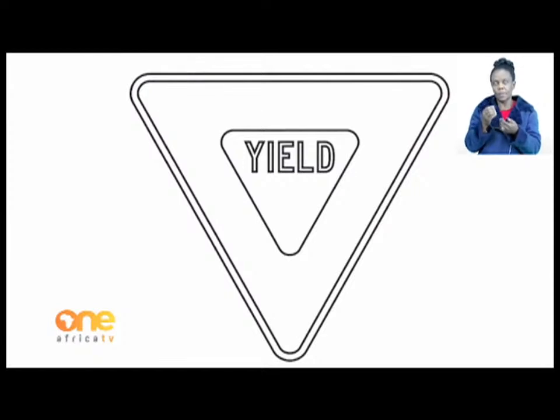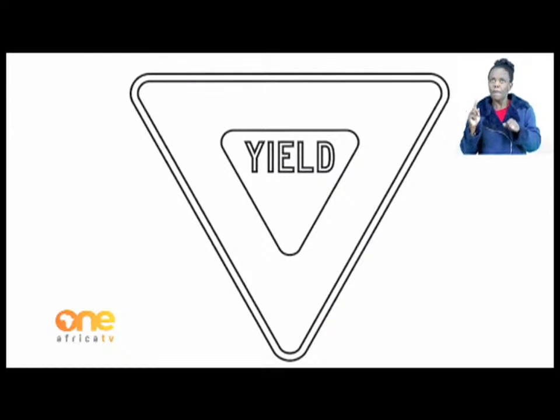On page 20, we have an upside down triangle. It is different from the pedestrian sign that we saw on page 19. Here on page 20, our upside down triangle has a word on it. That word is yield. Now the word yield on this road sign is to say that you must give way, or you must let the person who is crossing your road go first.